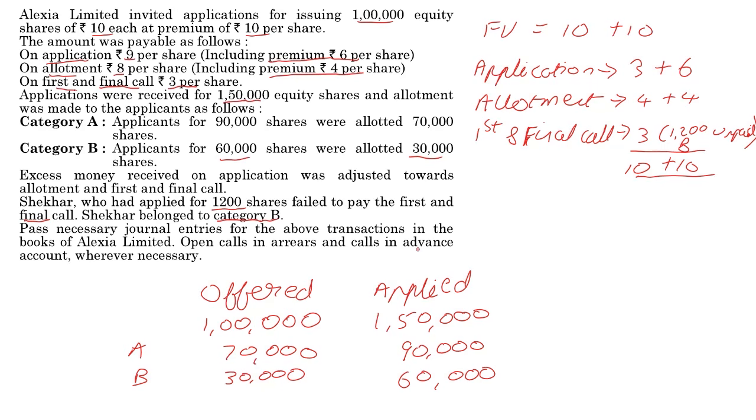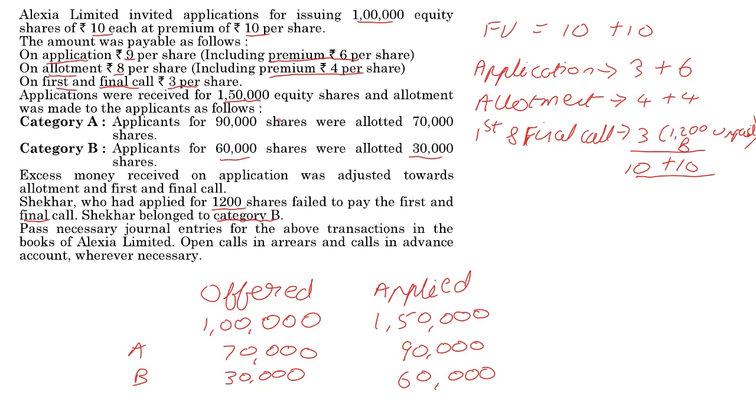Now these guys are telling us to do calls in advance, so we will do calls in advance. When the person is not paying, we could have just left it as no entry, but they're telling us to debit calls in arrears. Even if you were doing a normal sum, you debit calls in arrears and you credit calls in advance, and reverse it when you receive the money. That is also acceptable, but over here they're particularly telling us to do it, so yes, we will do it.